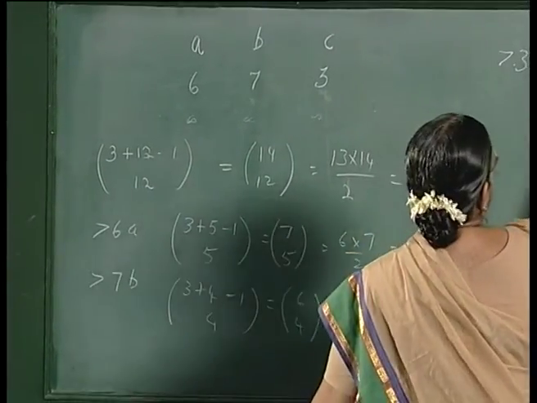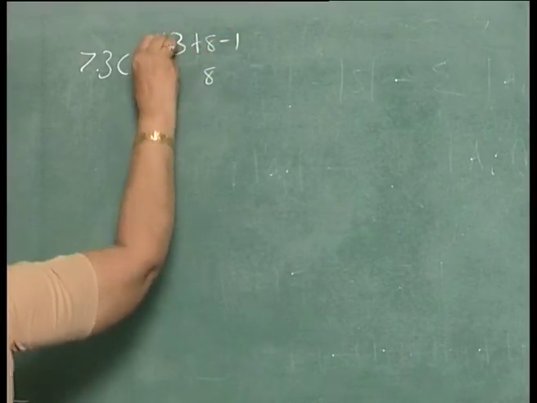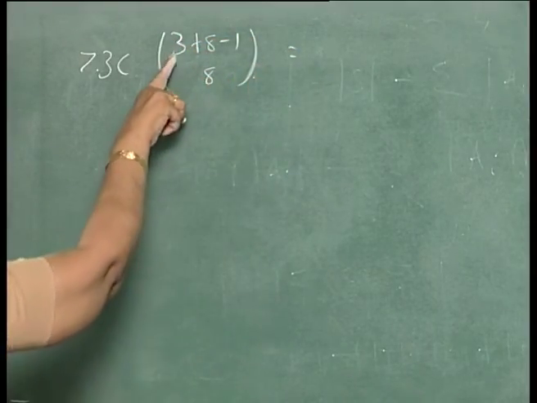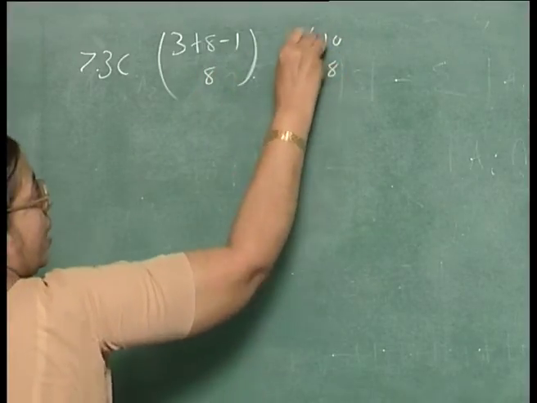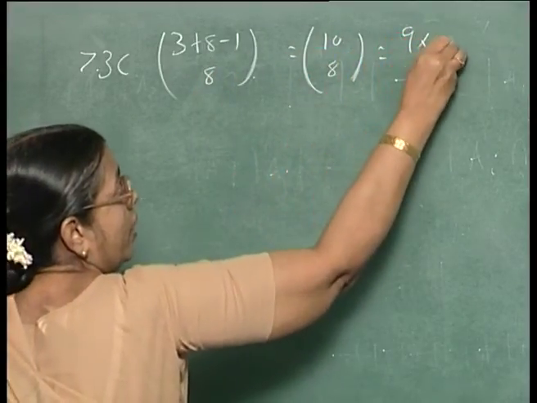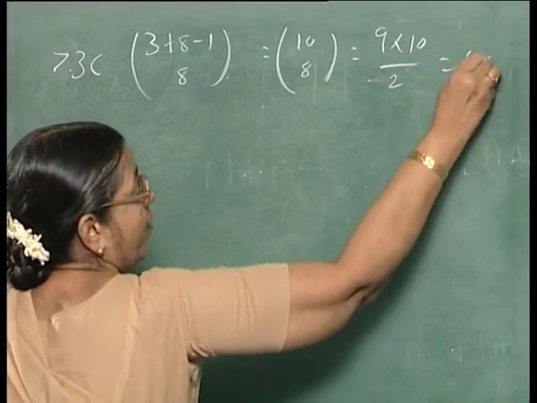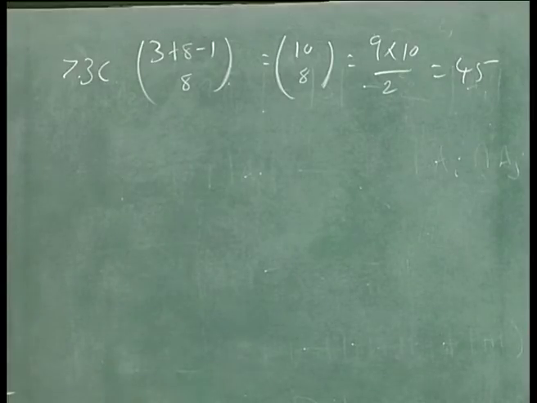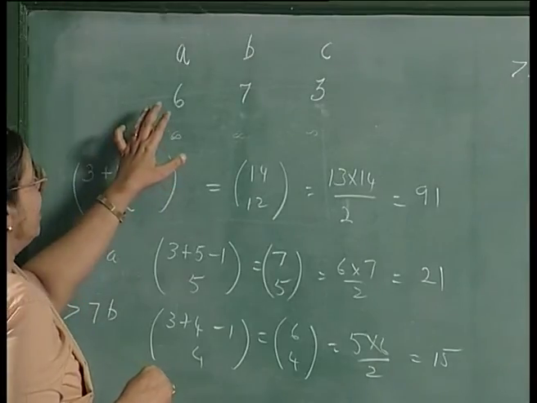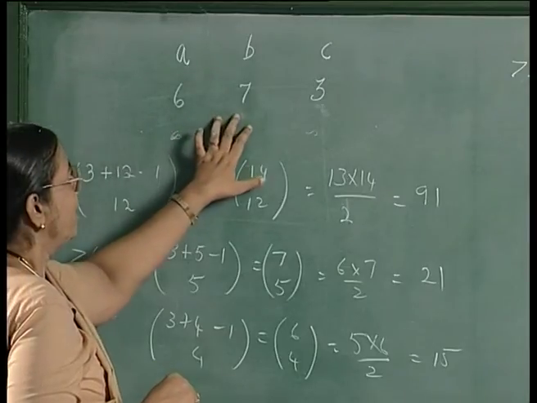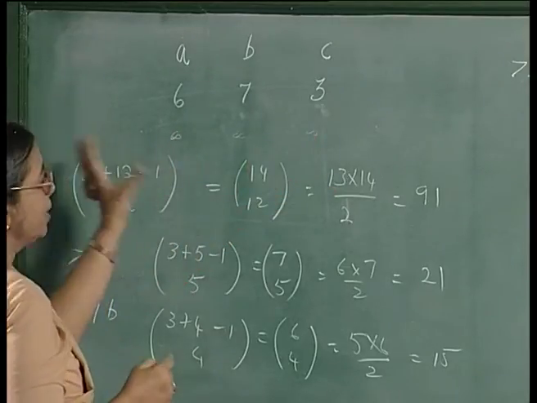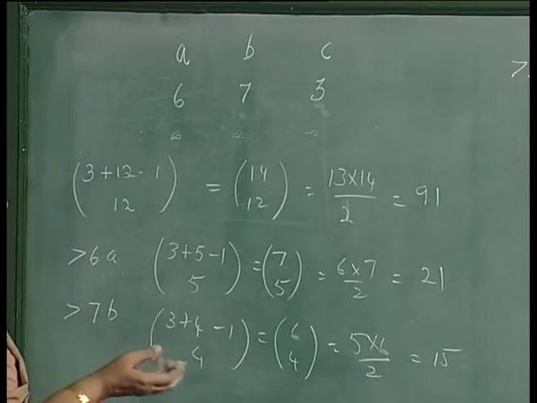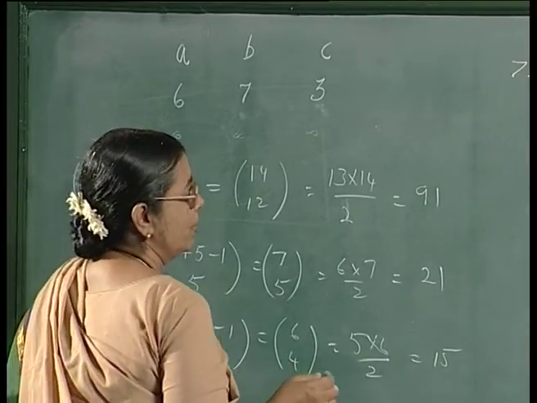So, that will be (3 plus 8 minus 1) choose 8, that is equal to 10 choose 8, which is equal to 9 into 10 by 2, which is 45. So, from 91 I have to subtract this, but in that case, using the principle of inclusion and exclusion, I have to also consider whether you have selected more than 6 A, more than 7 B or more than 3 C, such combinations should be again added.